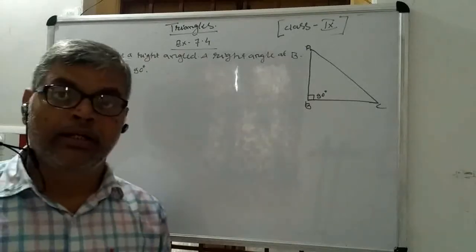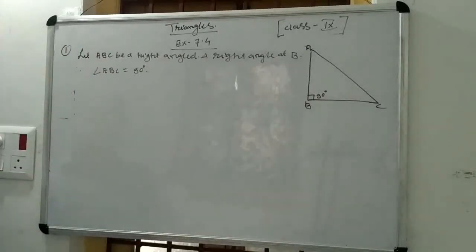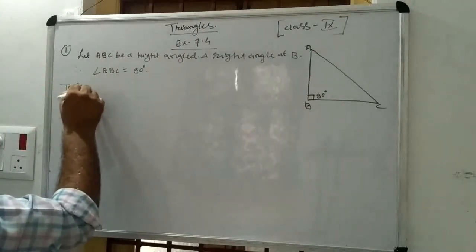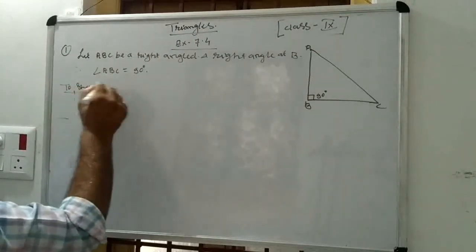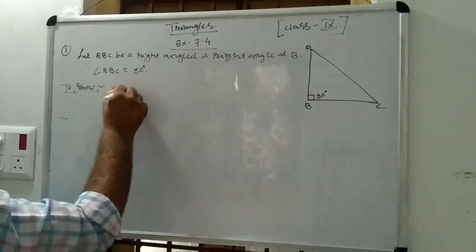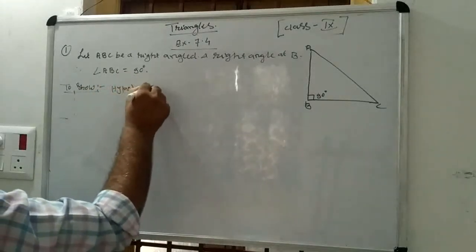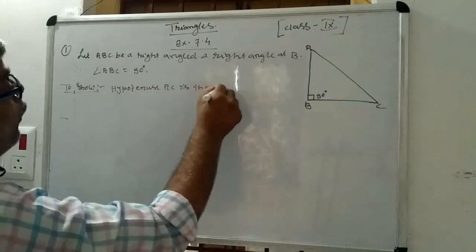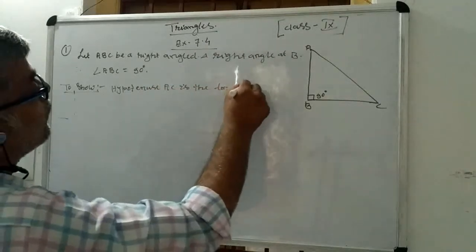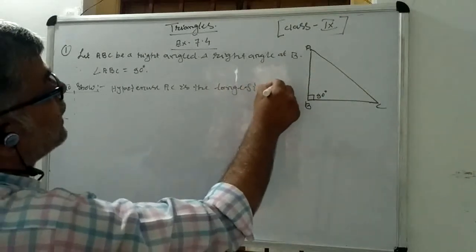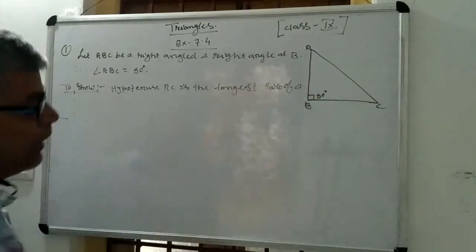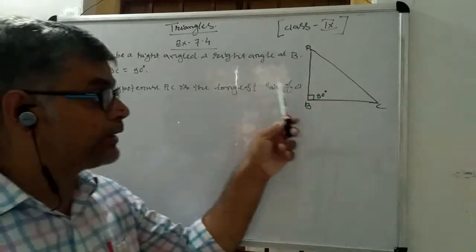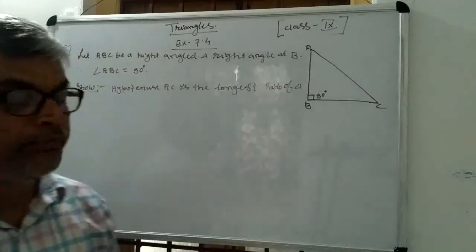This is given. Now what we need to show? Hypotenuse AC is the longest side of the triangle. Hypotenuse AC is the longest side of the triangle.